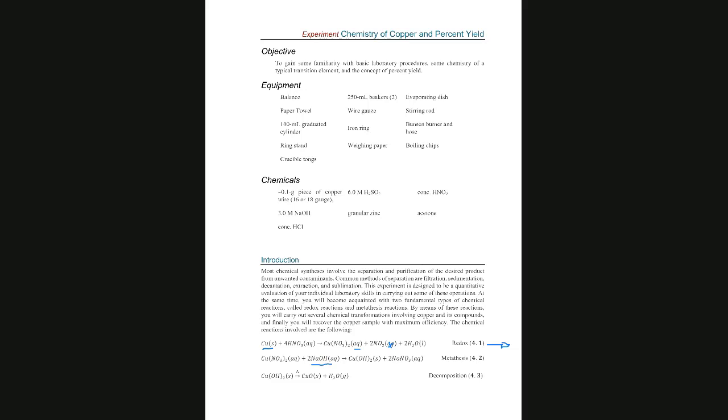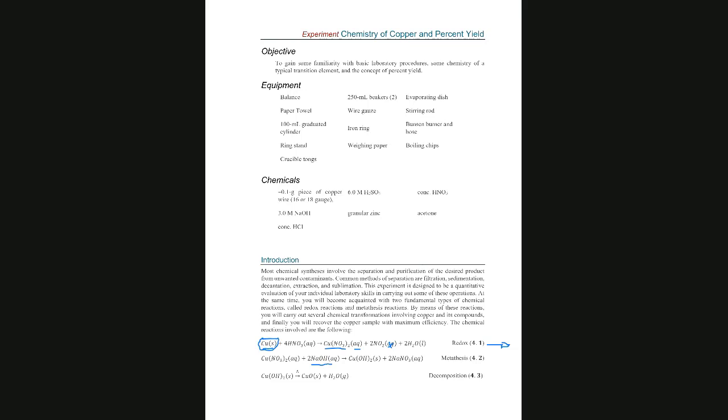First of all, you basically start with a free metal, a free element here, copper. And then when you look, where is copper on the product side? Oh, copper is combined and it's forming copper nitrate.